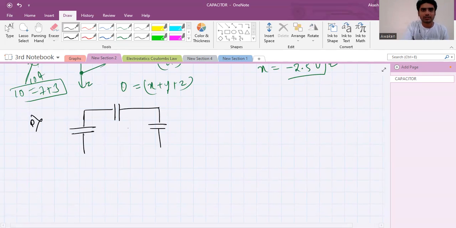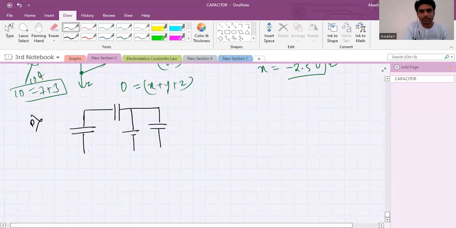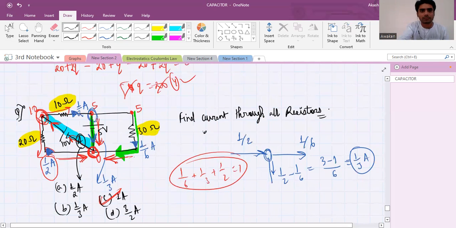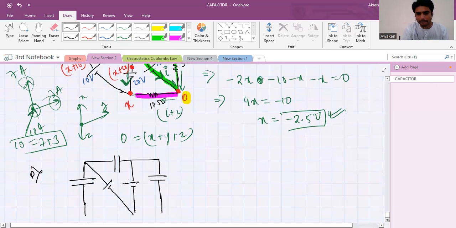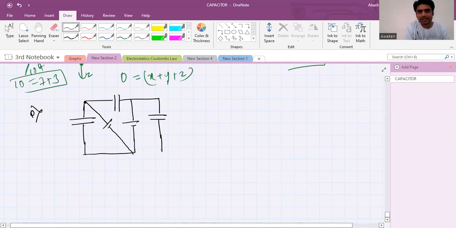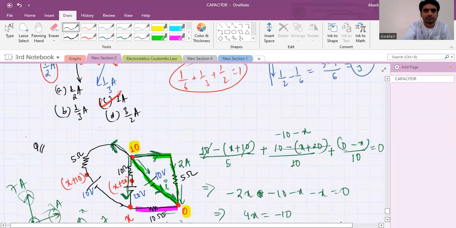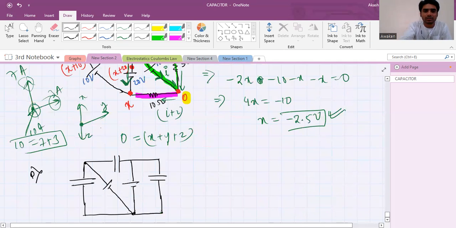Up or down? The diagram is the same, right? Okay. What were the batteries? Tell me quickly, what was the value for the diagonal battery? 10 volt, 5 volt.